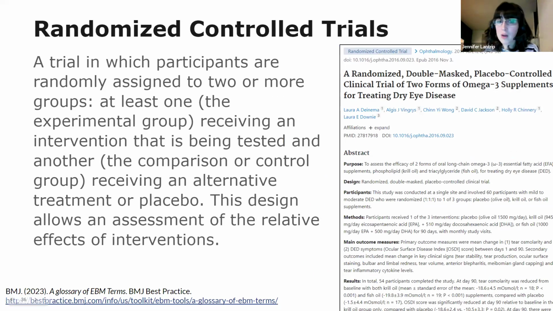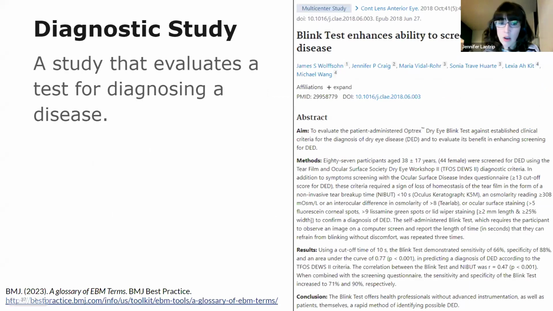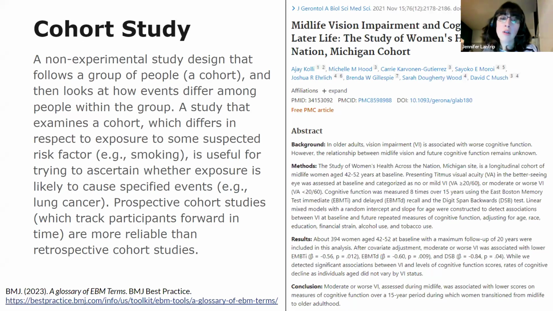We have already talked about randomized controlled trials. Diagnostic studies evaluate a test for diagnosing a disease. Cohort studies are a non-experimental study design and follow a group of people, a cohort, and look at how events differ among people within the group. For example, a cohort study might examine a cohort that differs in respect to exposure of some suspected risk factors, such as smoking, and look at how the group differs in terms of certain patient important outcomes, such as lung cancer.